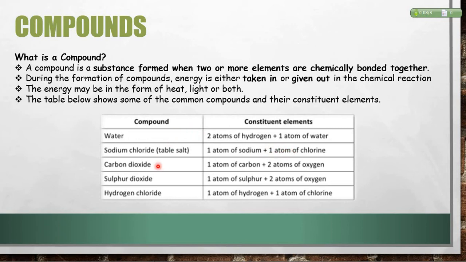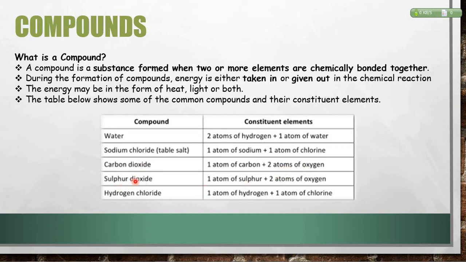For carbon dioxide, let's see the elements here. You have 1 atom of carbon and 2 atoms of oxygen. Dioxide: di means 2, oxide means oxygen. So you have 2 atoms of oxygen.